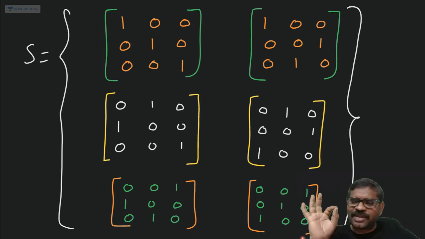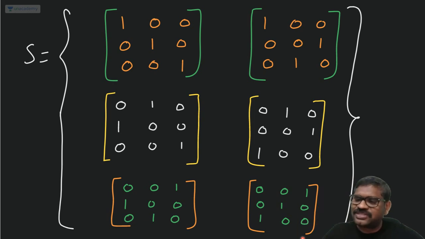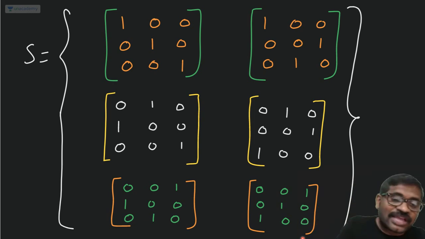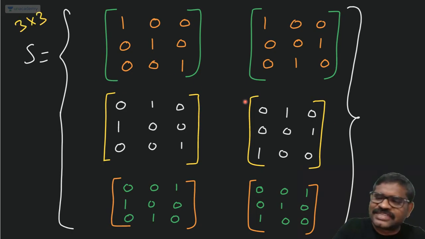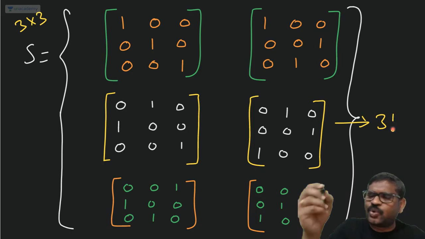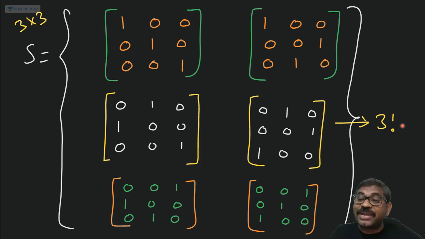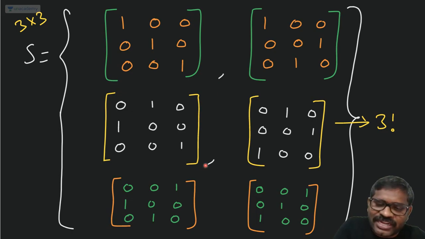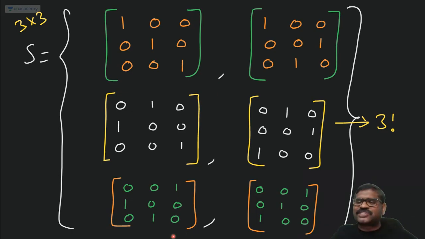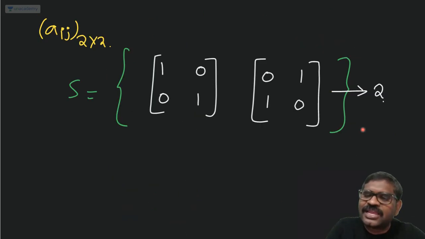Every entry must be 0 or 1. The sum of all entries of each row is 1. The sum of all entries of each column is 1. So in the case of 3 cross 3, you got 6, which is 3 factorial different matrices in your set S. That is why in the case of 2 cross 2 it is 2 factorial.